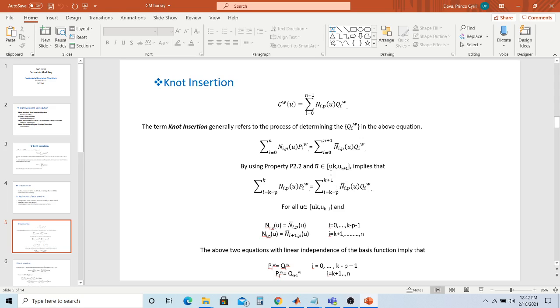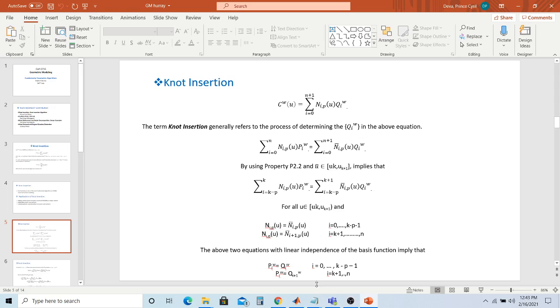By using previously defined properties, property 2.2 to be exact, and implying, we get summation i = k-p to k of N_{i,p}(u) P_i^w = summation i = k-p+1 to k+1 of N bar_{i,p}(u) Q_i^w for all u in [u_k, u_{k+1}), for these ranges of i.